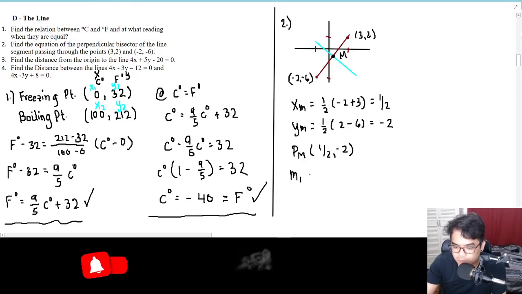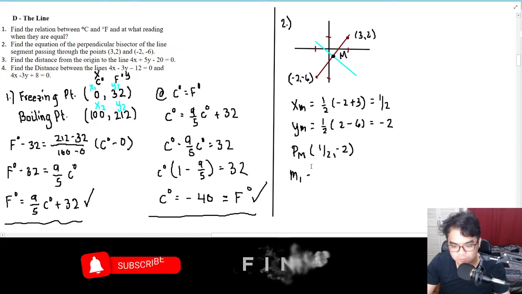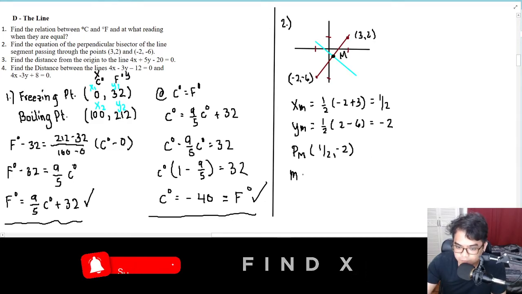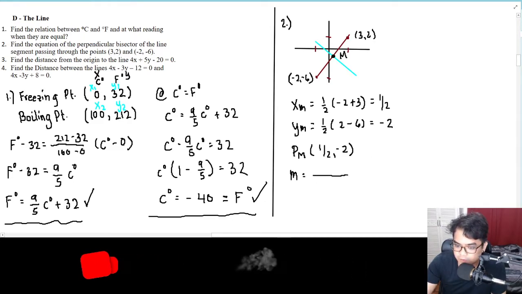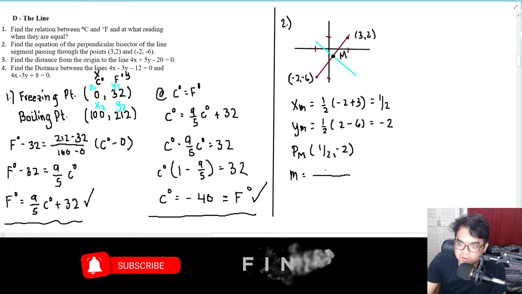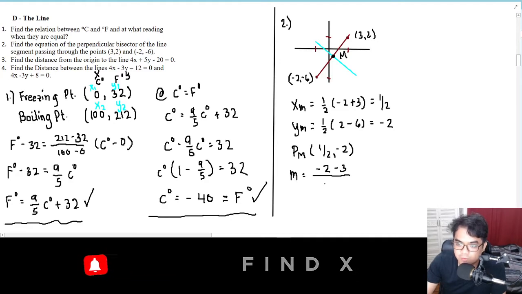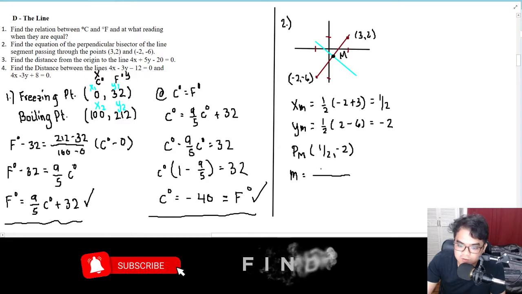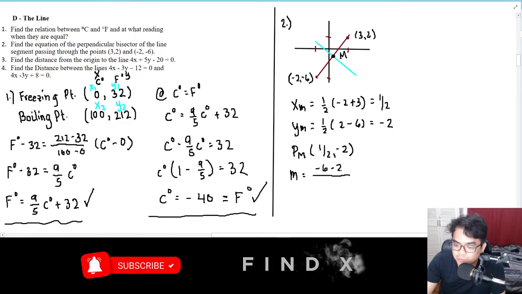Let's say m1 is equal to, y first, sorry, y2 minus y1, so negative 6 minus 2, over x2 minus x1, negative 2 minus 3. And then the lower one, let me just try to write the formulas.